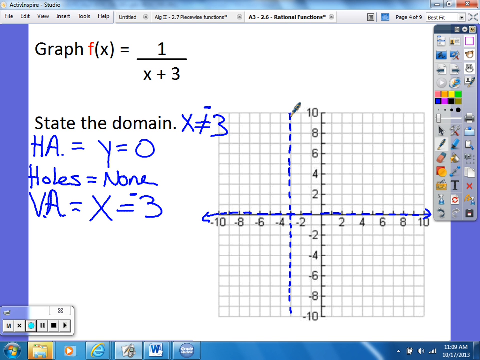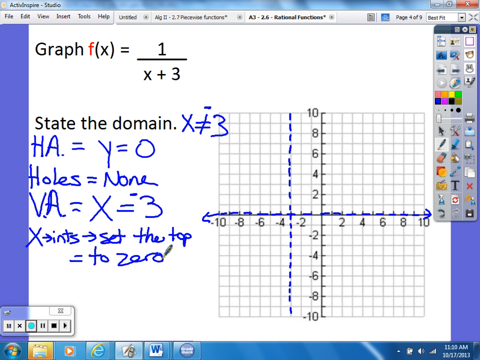What was the next thing you had to do according to the last slide? X-intercept, right? Okay, in order to find x-intercept, all you do is set the top equal to 0.